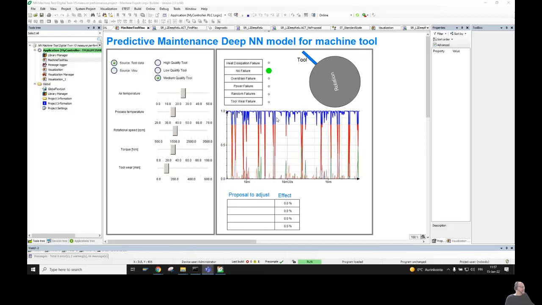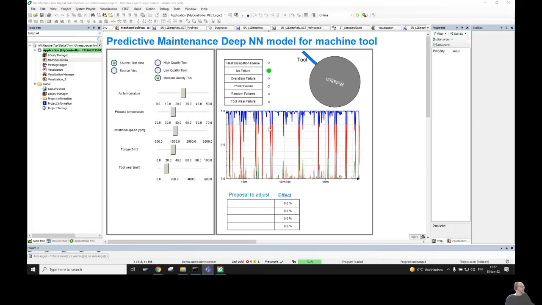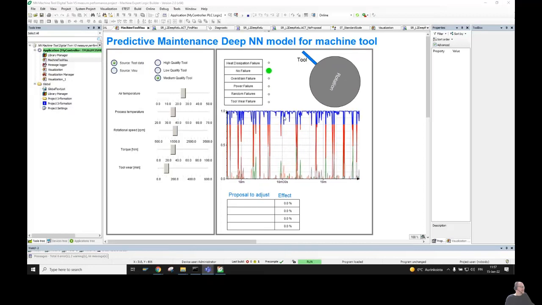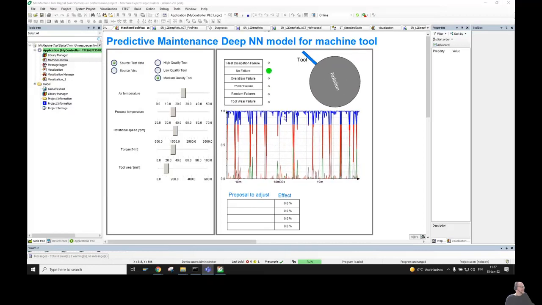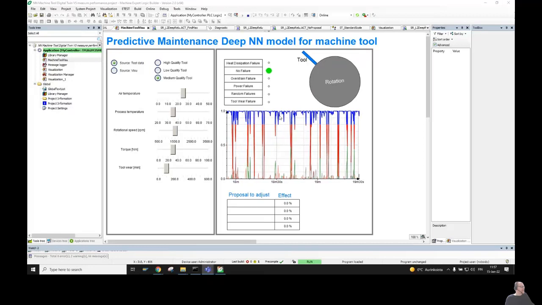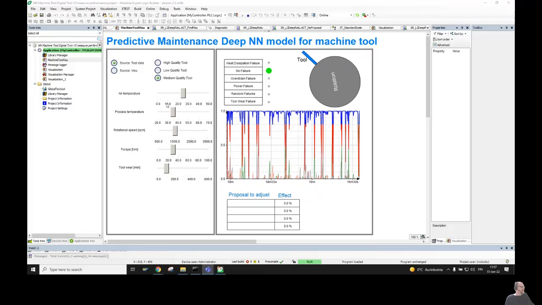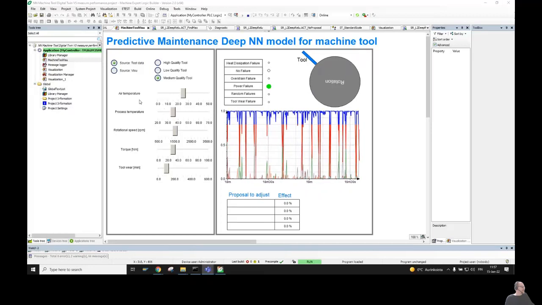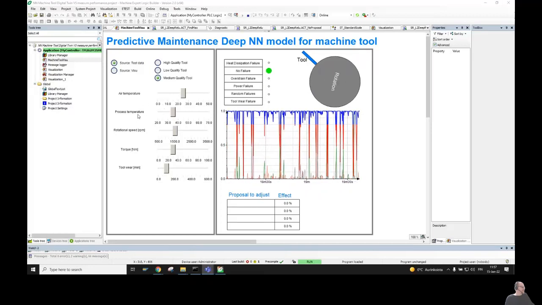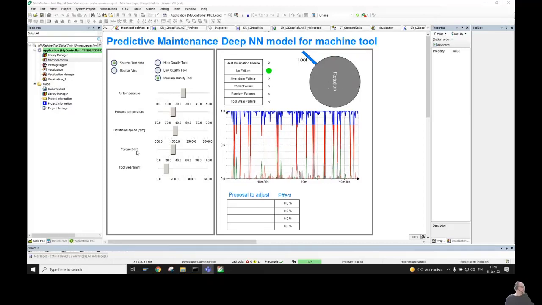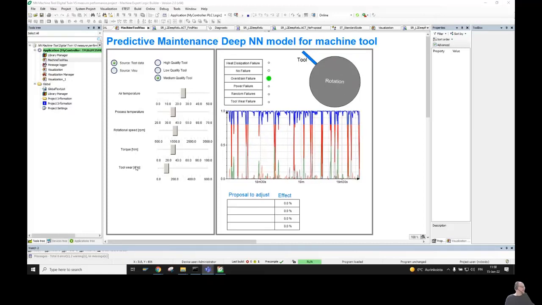So let's start. What I'm right now doing is running a test data set. I'm just inputting different parameters, for example, air temperature, process temperature, rotational speed, torque, and then tool wear.